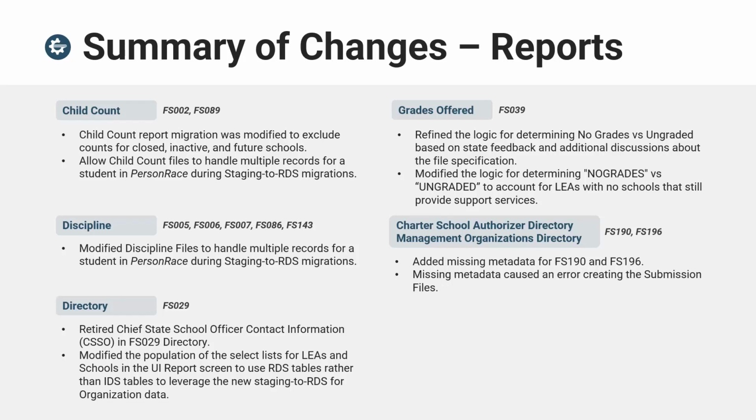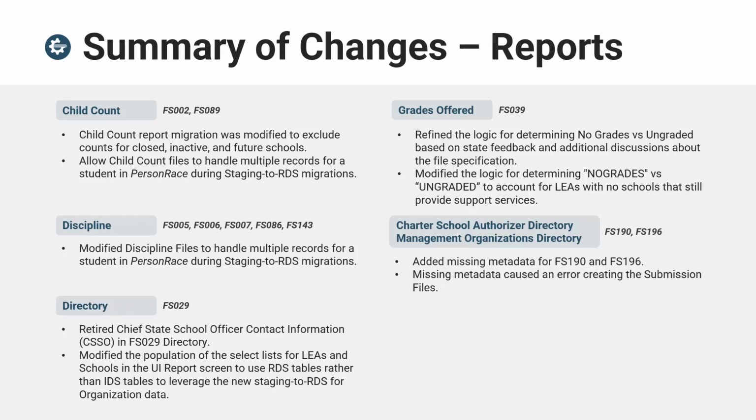So if that occurrence does happen, if a student comes in that's assigned to a closed, inactive, or future school, they would be excluded. And then we talked about this briefly in the last one, but we also added some better handling of multiple race records with our new staging to RDS migration.